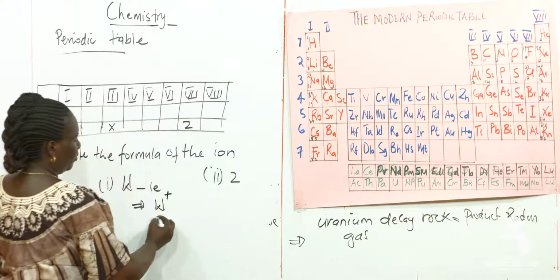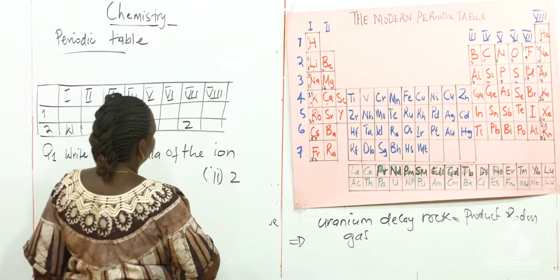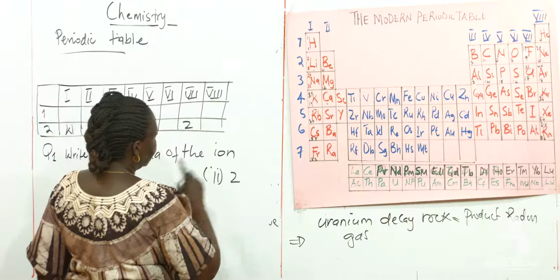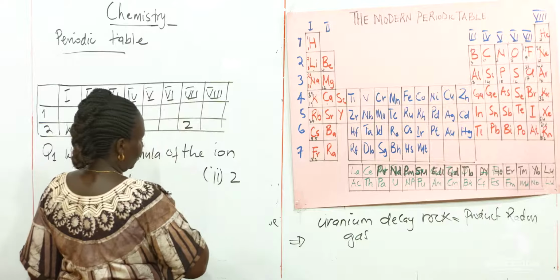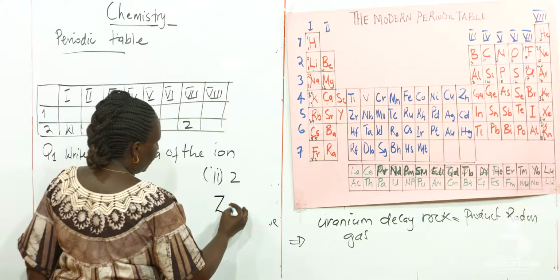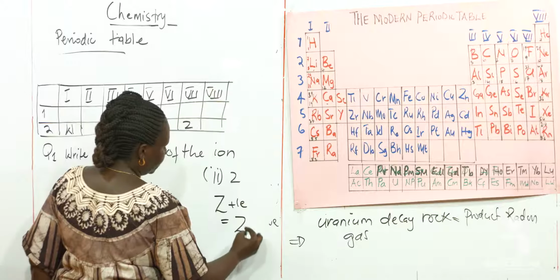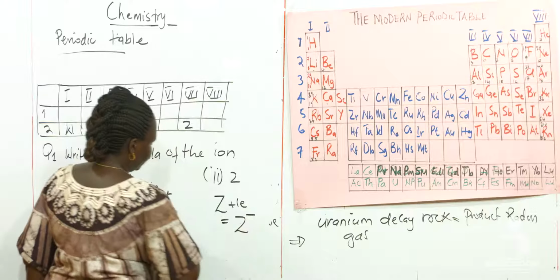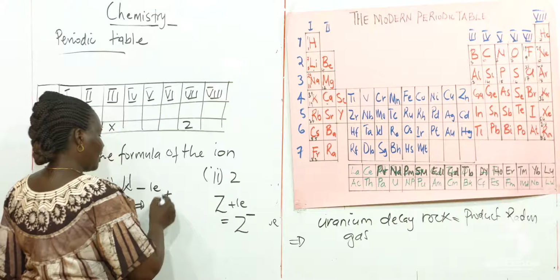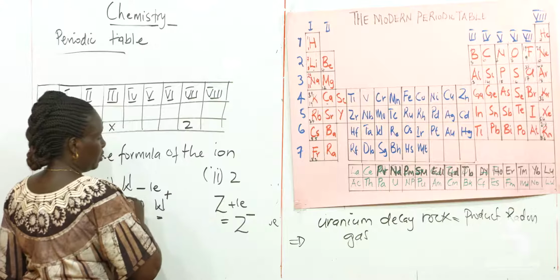This is the ion. Z is in group 7, so Z needs 1 electron. We will have Z plus 1 electron, and this becomes Z minus. So this is telling us that we have 1 more proton than electron, because 1 electron is lost.